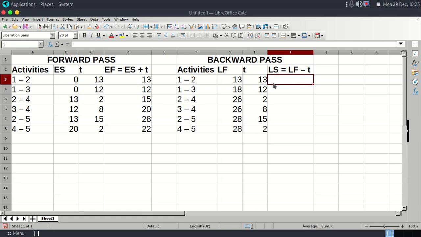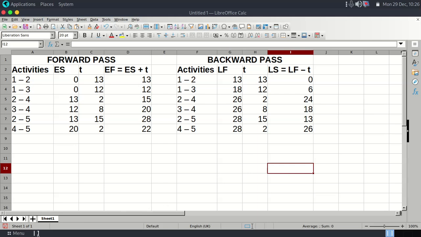So we'll say 13 minus 13, 0. 18 minus 12, 6. 26 minus 2, 24. 26 minus 8, 18. 28 minus 15, 13. 28 minus 2, 26. So these are our digits in terms of the forward pass and the backward pass.